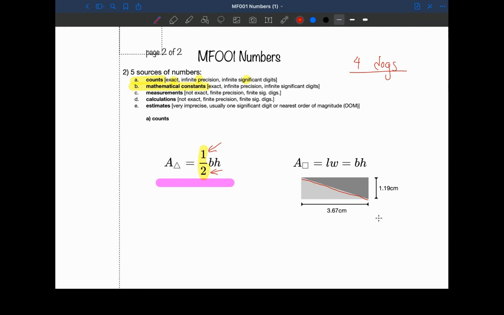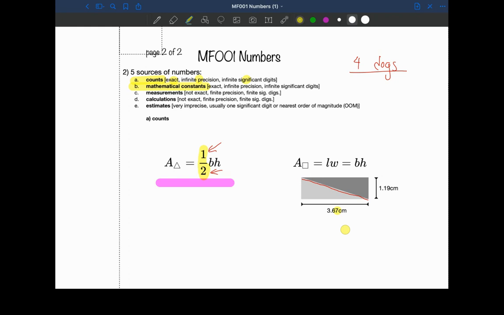So knowing about the uncertainty associated with this number 1/2 depends on where the 1/2 comes from. So if we're going to look at the numbers that would be used in computing the area of a triangle, say the light gray one on the right, the 1/2, we know it without doubt, without a question, very precisely. But when we look at the base in this case, we know this is a scientific measurement. It was made by a scientist using a measuring device.